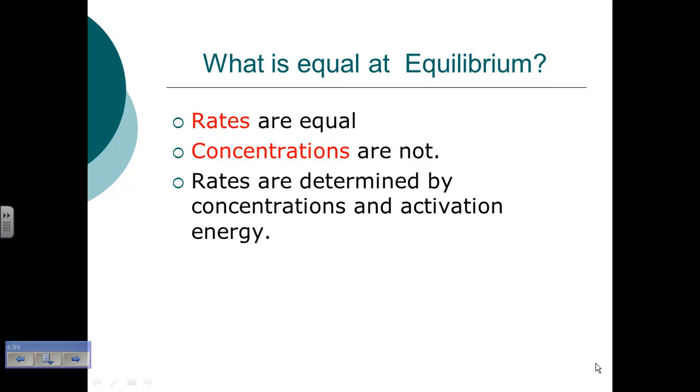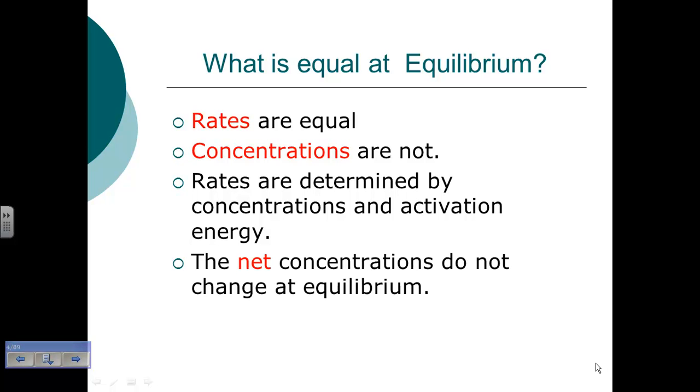The forward and the reverse reaction are occurring at the same rate, but not necessarily guaranteeing me the same amount of reactant and product. Rates are determined by a lot of different things: concentrations, activation energy, the temperature, all kinds of things as we studied in our last chapter on kinetics. So net concentrations do not change at equilibrium.